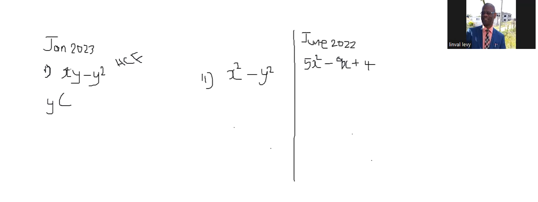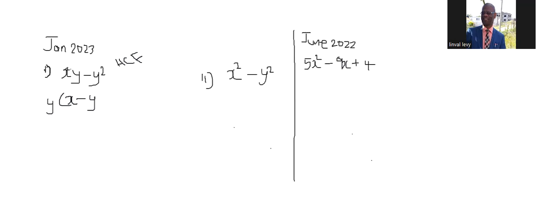When we divide xy by y, we're left with x. And when we divide y squared, which is y times y, by y, we get y.